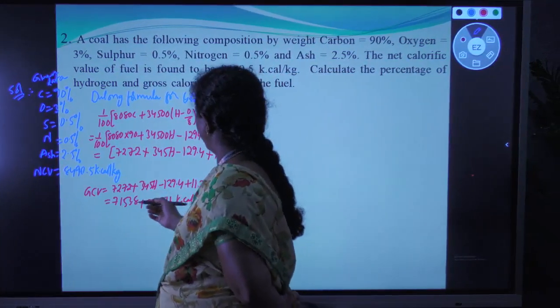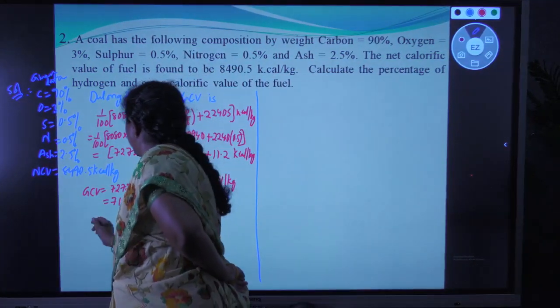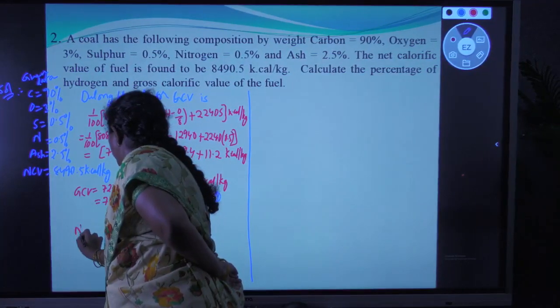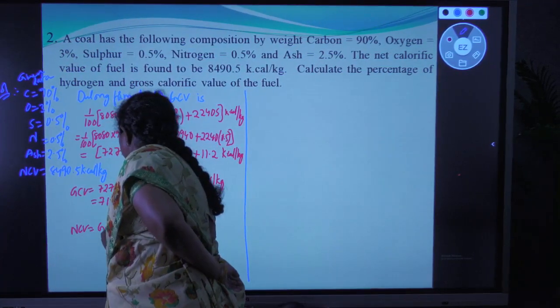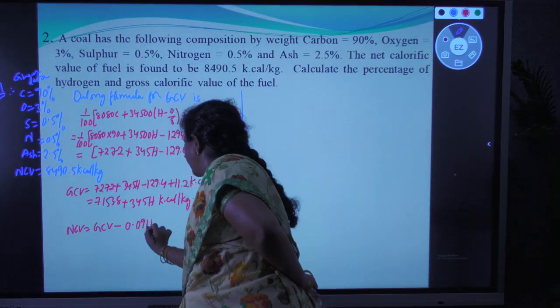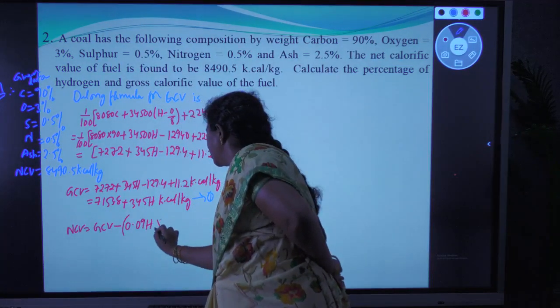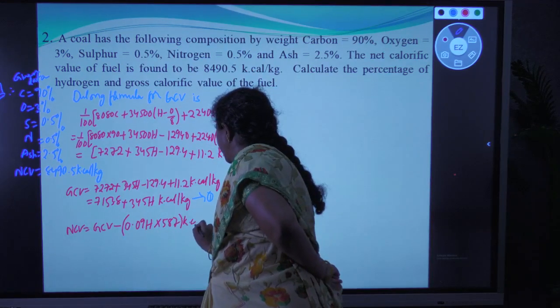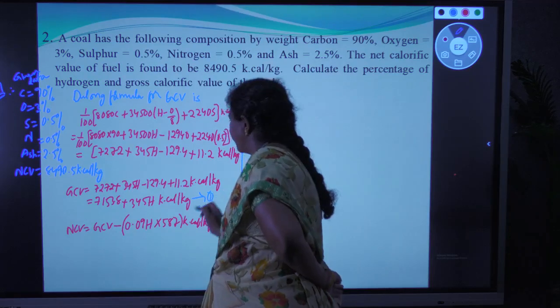Next we have another formula. NCV is equal to GCV minus 0.09 hydrogen into 587 kilocalorie per kilogram.